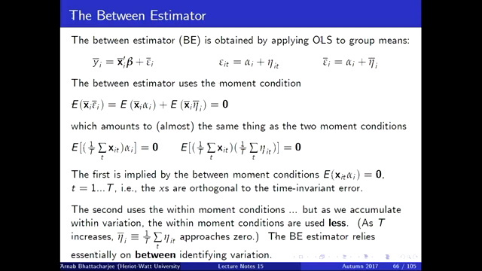And we saw that by taking these means out, what did we do? We removed all the between variation from the data, right? Okay?